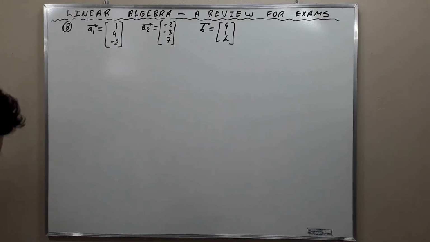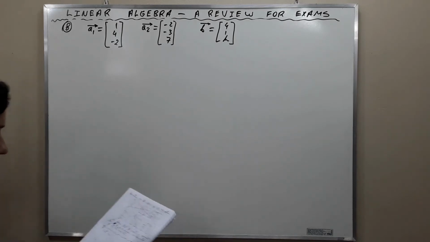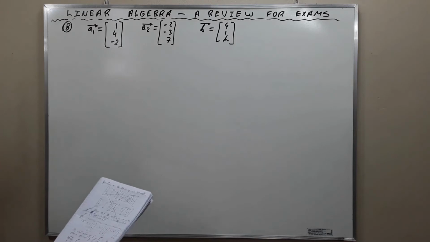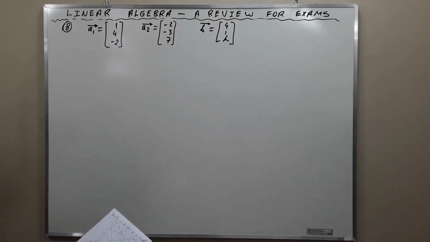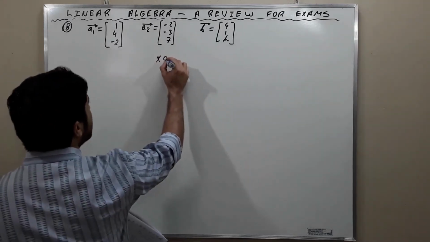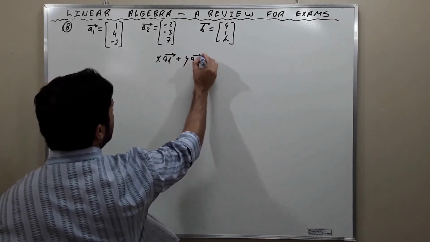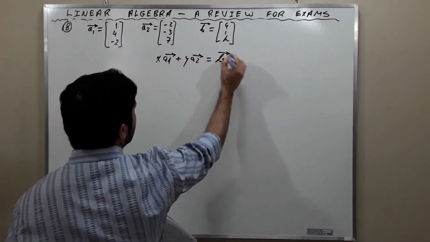All right, for what values of h is b in the plane spanned by a1 and a2? Let's go to the solution. b is in the span of a1 and a2 if it can be written as a linear combination of a1 and a2, such as x a1 plus y a2 equal to b.